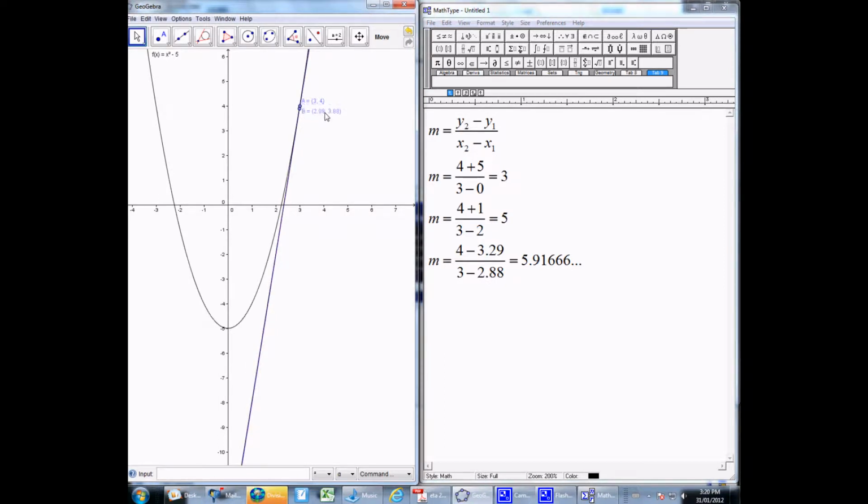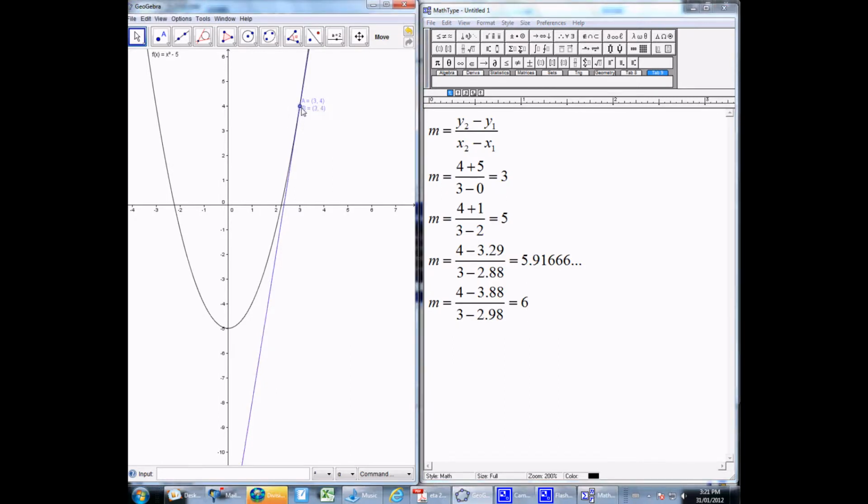Well, now I can have the slope of the y2 minus the y1 over the x2 minus the x1. Now this gives us a value of 5.999 repeating, which is approximately 6. So we can say with fair certainty that the tangent at this curve is equal to a slope of 6.